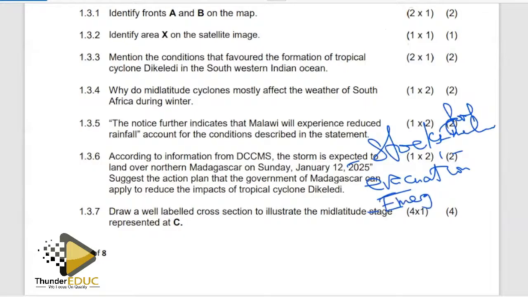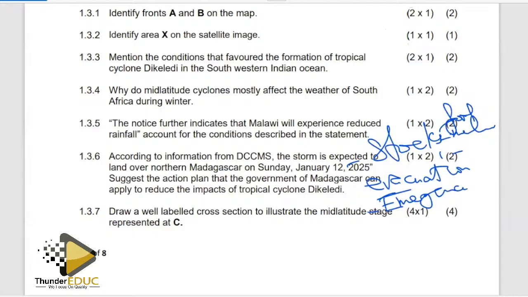The government must ensure that there is sufficient emergency service, for example ambulances to take people in case of injuries because of the storm. They must have enough capacity to cater for such emergencies. So we must put in place emergency measures.